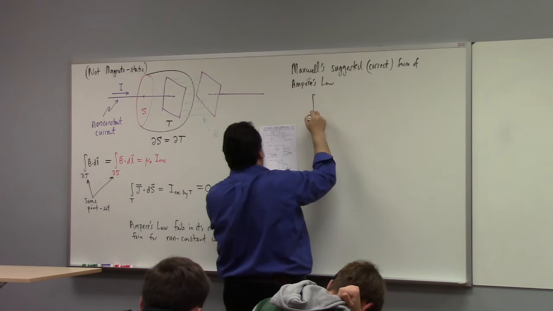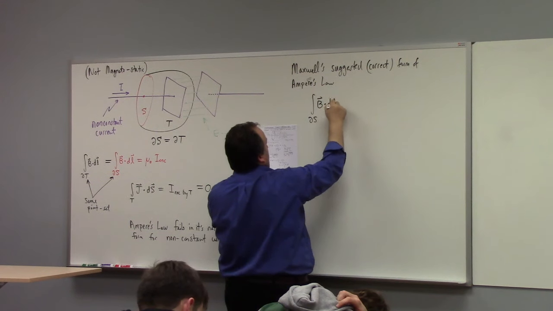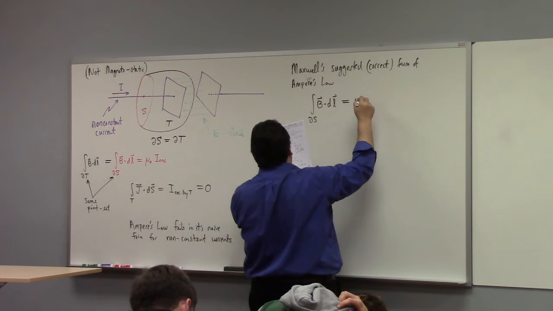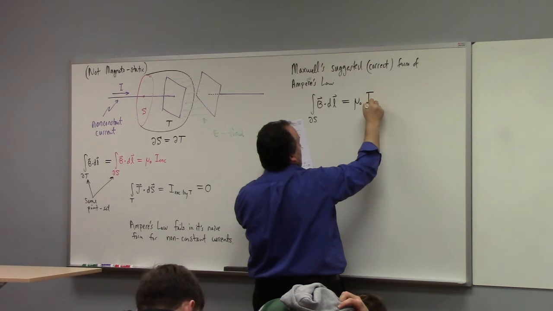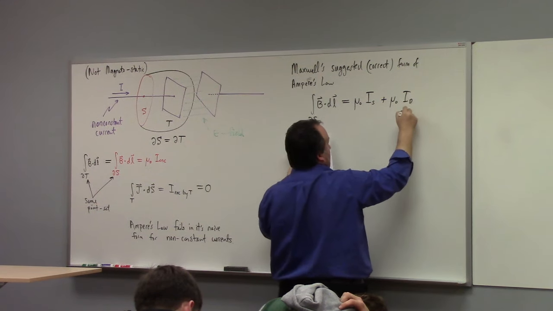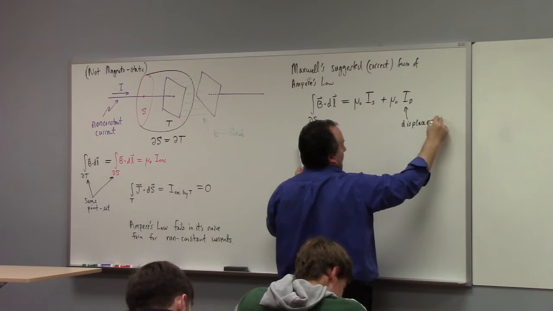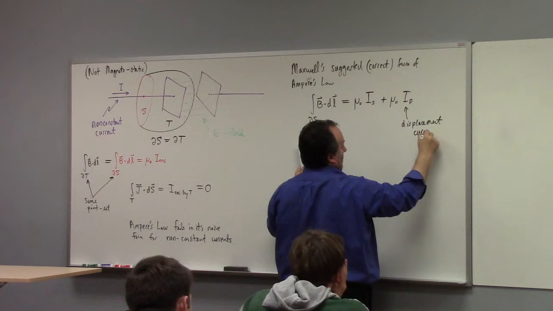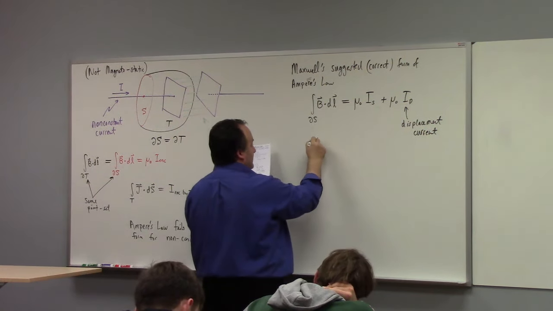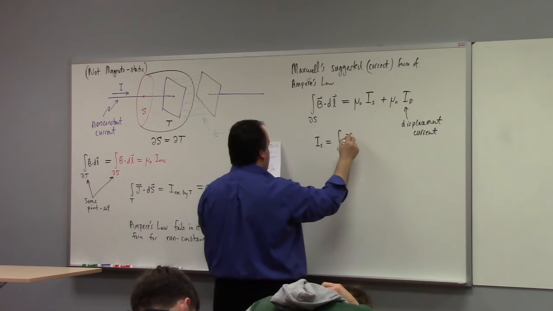We have the integral over the boundary of the surface, B dot dl, all right, the circulation of the magnetic field, and it's going to be equal to mu naught times the current through S plus mu naught times what he calls the displacement current, which isn't really a physical current. So let me just give you the formulas here. So I sub S is equal to the integral of J dot dA.